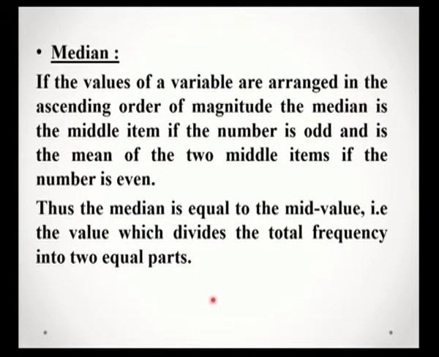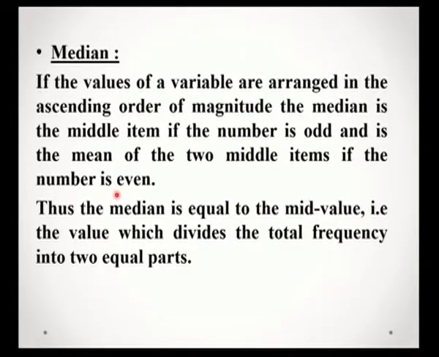Next, median. So far we learnt about mean, which is a fundamental concept in statistics. The next important and fundamental concept in statistics is median. Median means middle. Very simple way you can call that median as middle.